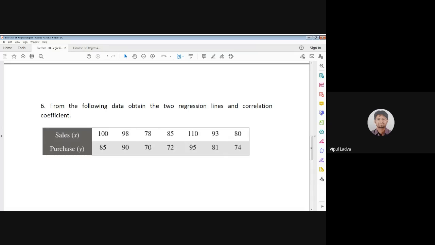And we are going for the sixth one. So this is question 6.